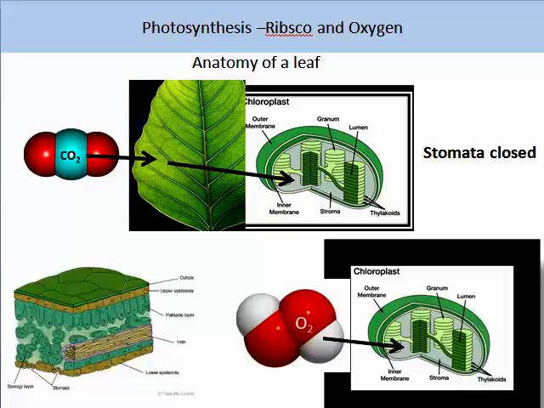However, what happens when stomata are closed? Well, as you remember, oxygen is a byproduct of some of the reactions. This oxygen builds up and then becomes present in the stroma. It is the build-up of this oxygen which enables it to compete with the carbon dioxide, and as rubisco binds more readily to oxygen than it does to carbon dioxide, it means that there are inefficiencies in this system.